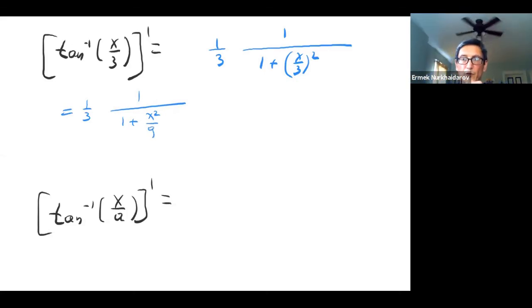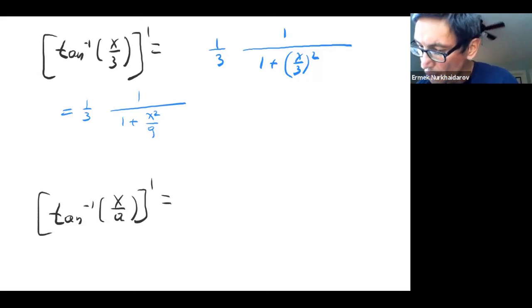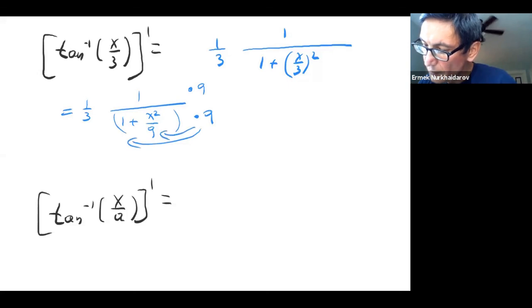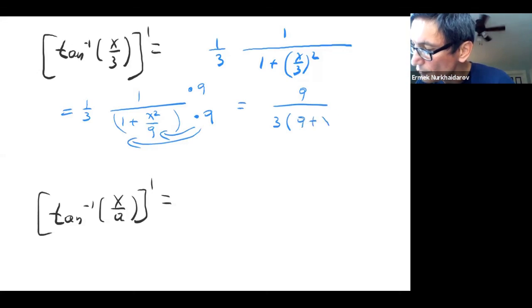And what we have here is a complex fraction. Usually we don't want to have complex fractions, so we want to get rid of it. What makes that complex fraction is that extra 9 on the bottom of x squared. So we'll take care of it by multiplying the bottom by 9. If we multiply the bottom by 9, we have to do the same to the top. And bring 9 inside. So we're going to have 9, 3, 9 plus x squared, reduce. So we're going to get 3 over 9 plus x squared.